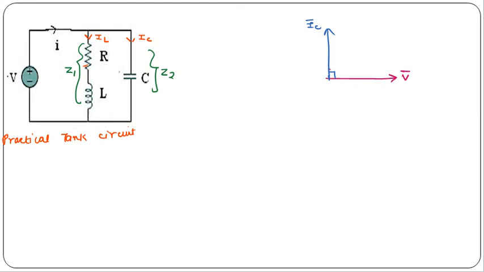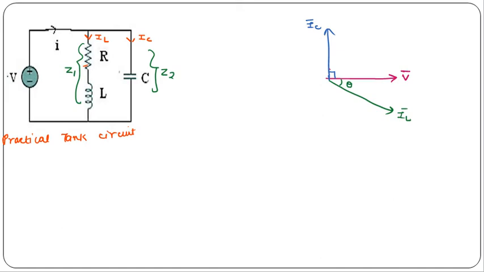And IL is the current flowing through this RL branch. In case of RL, the current will lag by angle theta. So this is the IL phasor. Because of the inductor, the current will lag the voltage by some angle theta.